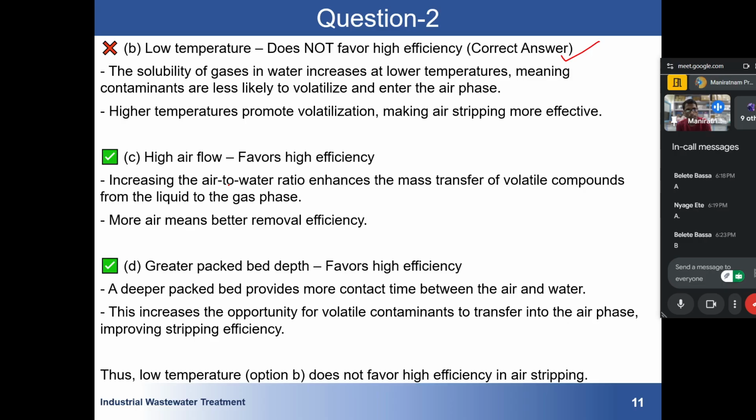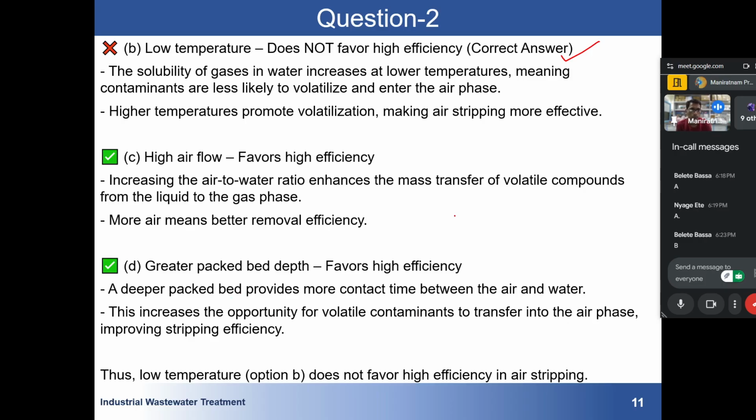But I will be discussing the other options. High airflow favors high efficiency. Increasing the air to water ratio enhances the mass transfer of volatile compounds from liquid to gas phase. More air means better removal efficiency. Greater packed bed depth favors high efficiency. A greater packed bed provides more contact time between the air and water.